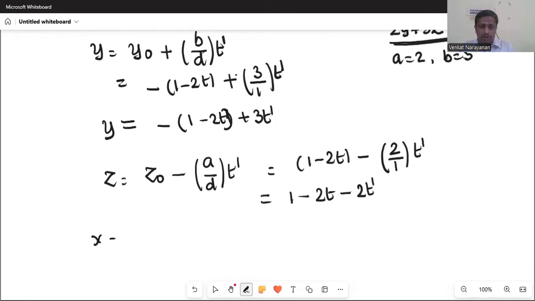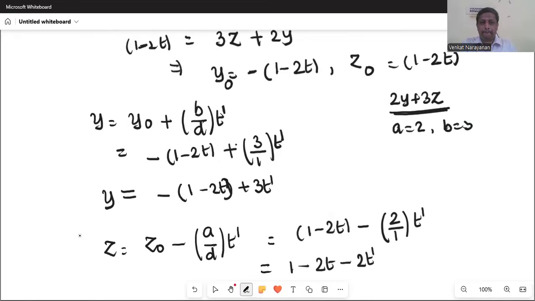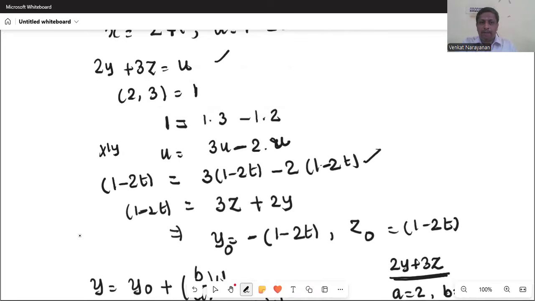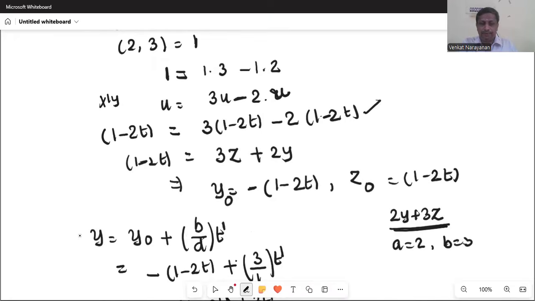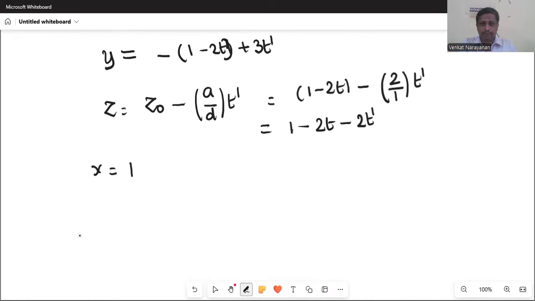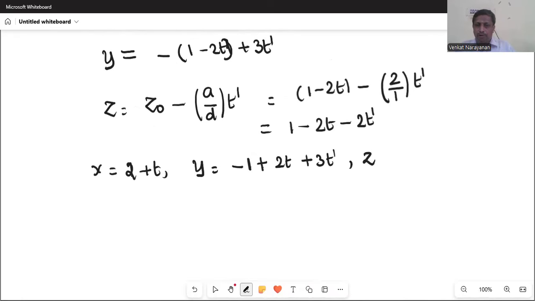Therefore, we get the solution: x is equal to 2 plus t, and y equal to minus 1 plus 2t plus 3t dash, and z equal to 1 minus 2t minus 2t dash. This is the solution for the problem.